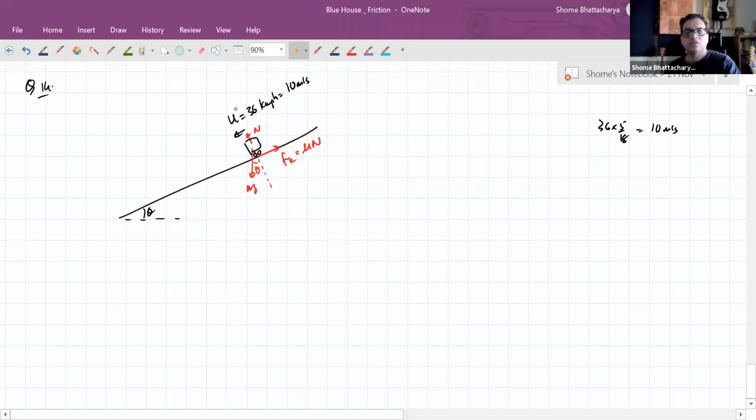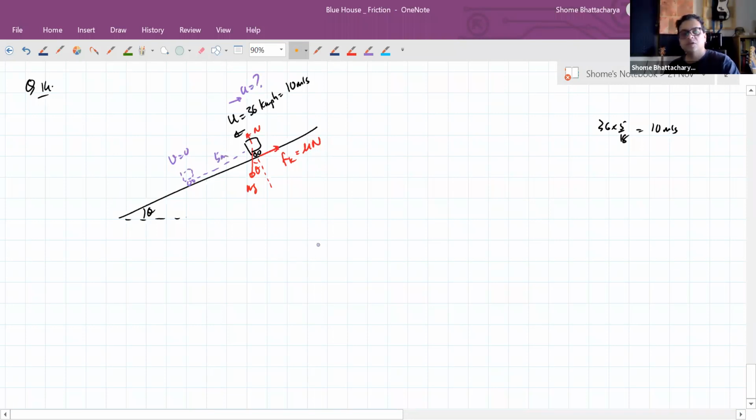So this vehicle should have a deceleration. Deceleration is such that by the time it comes to rest, it has covered a displacement of 5 meters.